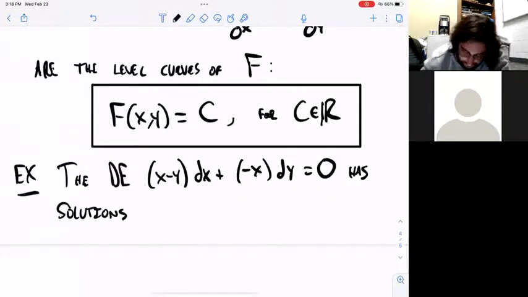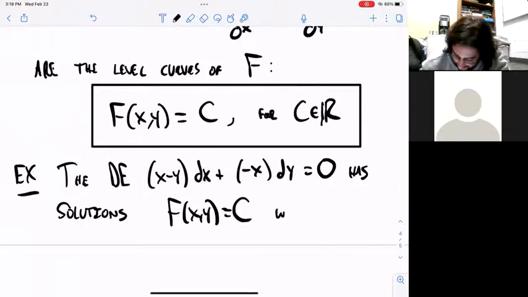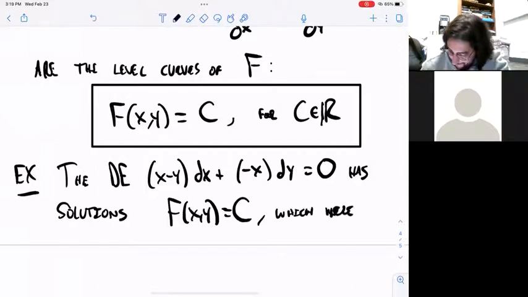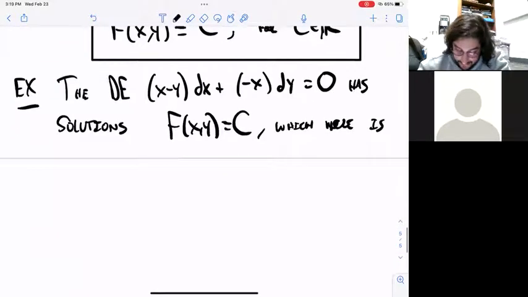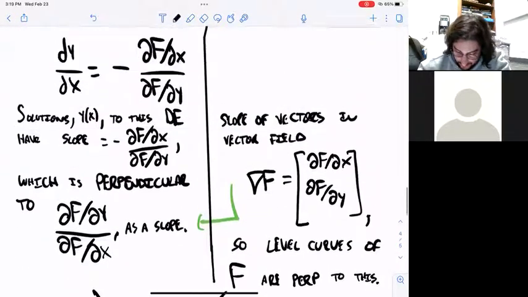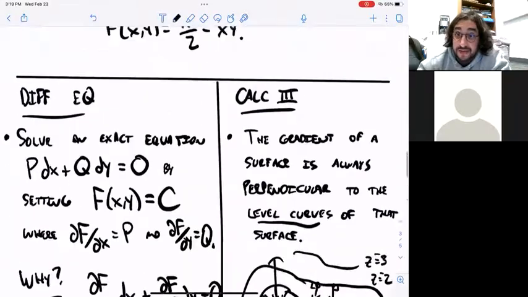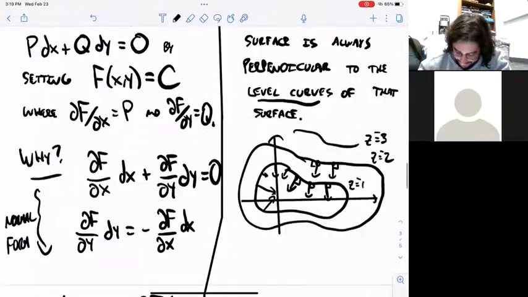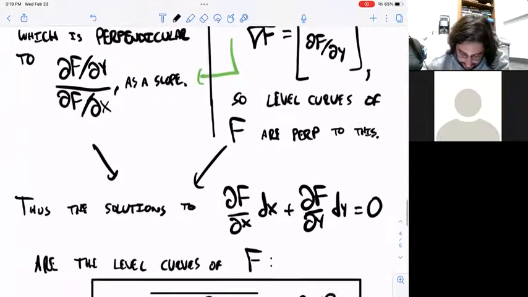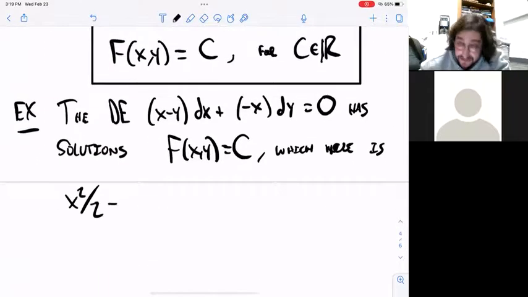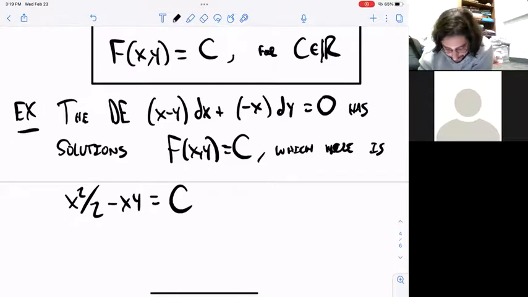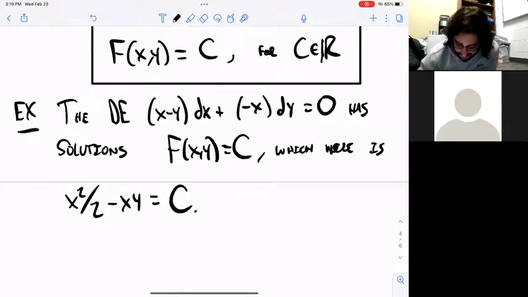It's f of x y equals c, which in this case looks like what? We found that f of x y up here was x squared over 2 minus x y. So x squared over 2 minus x y equals c. Those are the solutions to our differential equation.